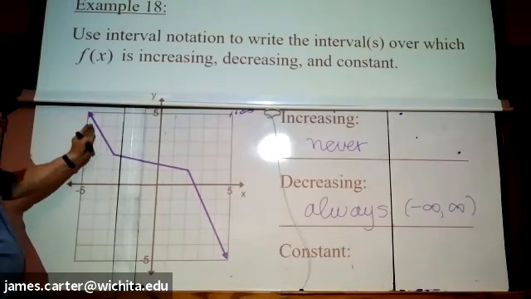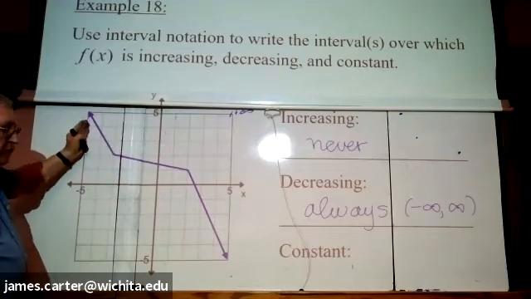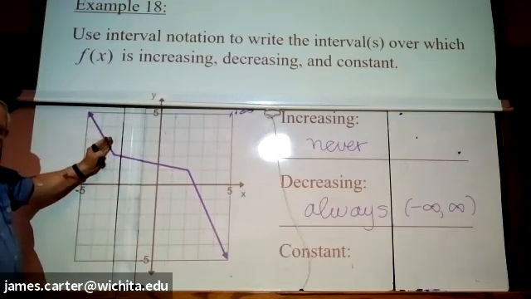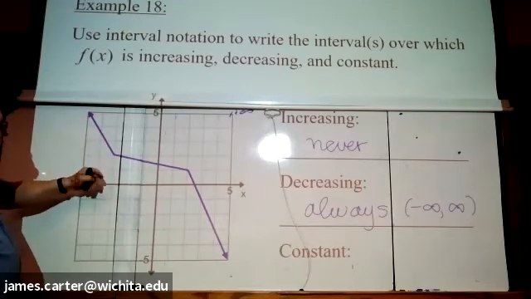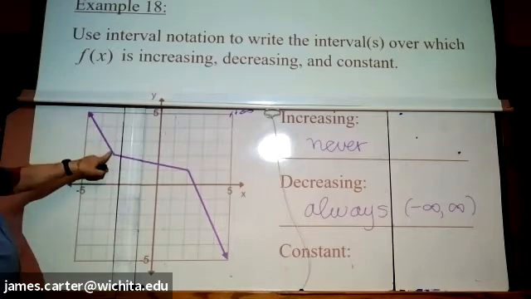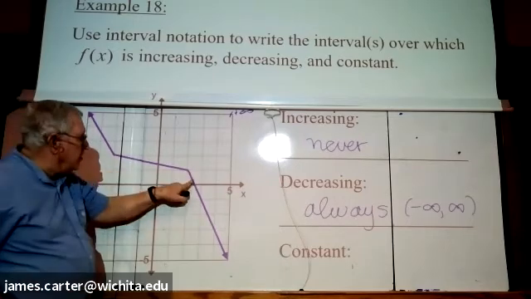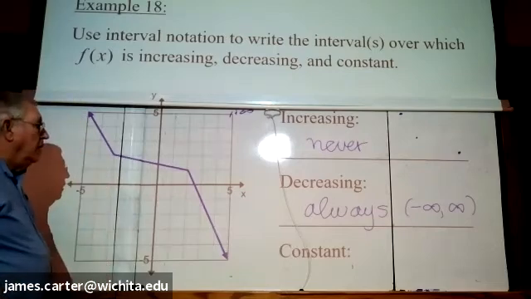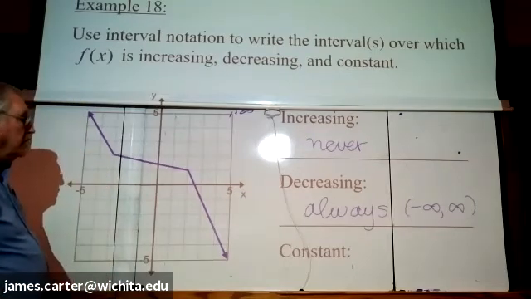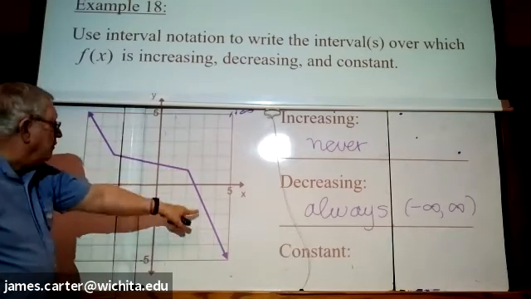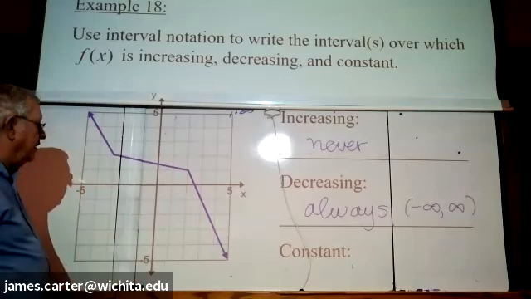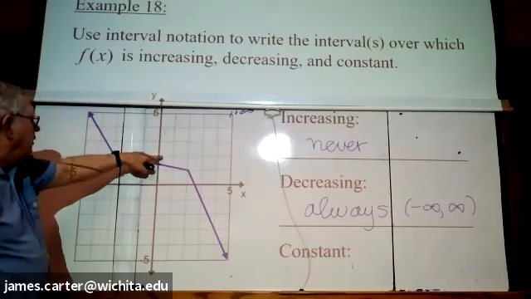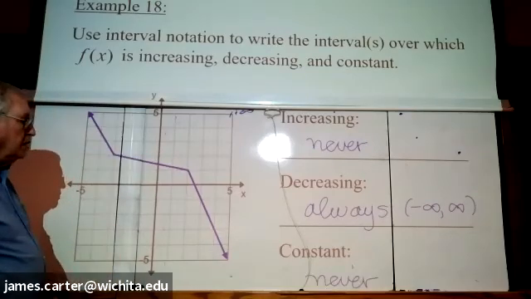Because this is going downhill from left to right. So don't make that mistake. So this is a decrease, that's a decrease, that's a decrease. So answer is never. Okay, what about decreasing? Forever, infinity to infinity. What about constant? There are no level spots. So the answer is never.